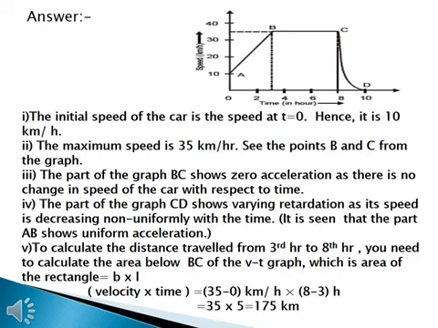It is equal to length into breadth, or breadth into length, is equal to B into L. V is 35 minus 0 km per hour and T is 8 minus 3 hour, which is velocity into time, is equal to 35 minus 0 km per hour into 8 minus 3 hour, is equal to 35 into 5, is equal to 175 km.